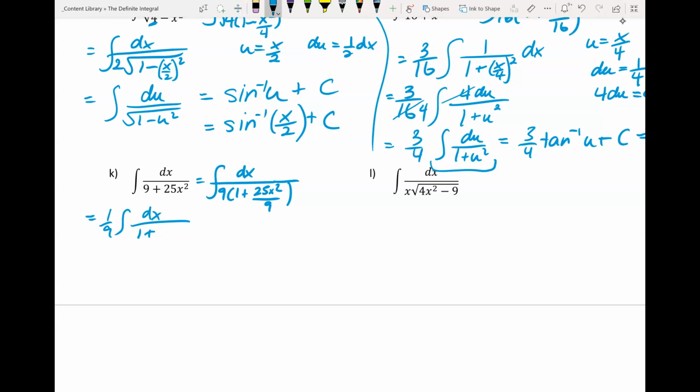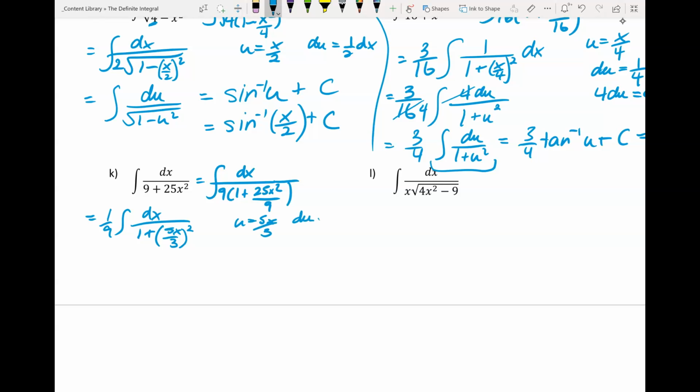Now I'm going to rewrite 25x squared over 9 as something squared. That would be 5x over 3 all squared, because that's equivalent to 25x squared over 9. So I'm going to let u be 5x over 3.